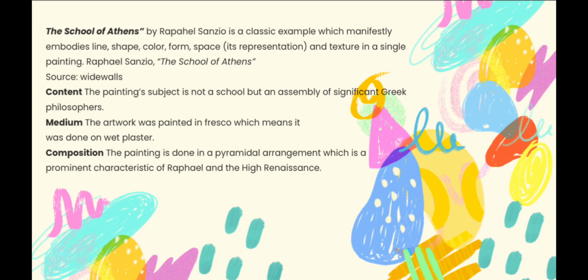Content: the painting's subject is not a school but an assembly of significant Greek philosophers. Medium: the artwork was painted in fresco, which means it was done on wet plaster. Composition: the painting is done in pyramidal arrangement, which is a permanent characteristic of Raphael and the High Renaissance.